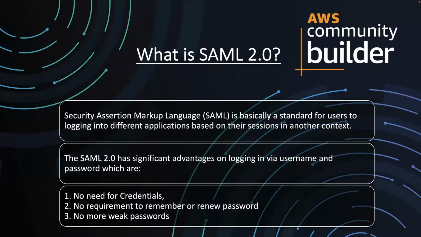SAML 2.0 has significant advantages over logging in via username or password. There are three different things here: we don't require any kind of credentials, there is no need to remember or renew passwords, and no more weak passwords with SAML 2.0.